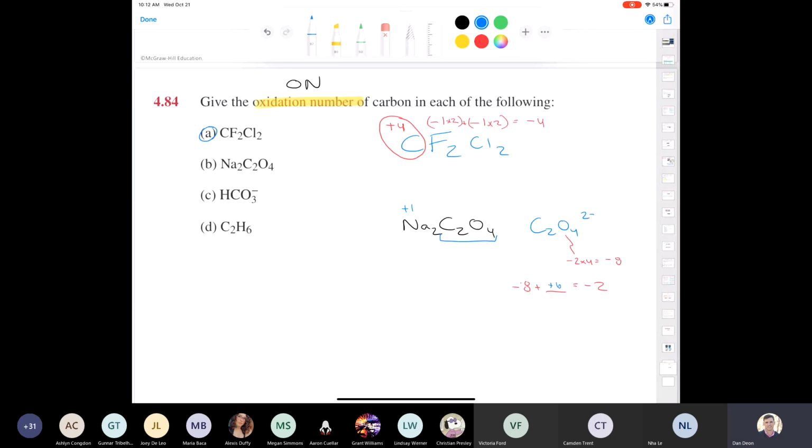So this is +6. Now, if I have +6, but there's 2 carbons, that means that that oxidation number, that charge is going to be divided over 2. So that means it's going to be equal to +3. So the oxidation number of the carbon here is +3.